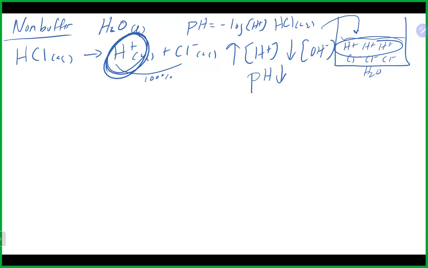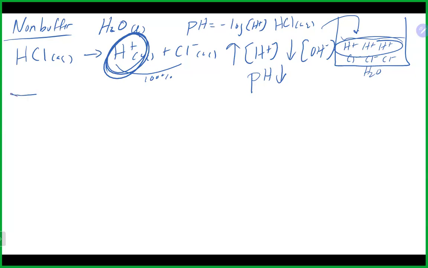Probably for most of you, just a couple of drops of the HCl was enough to move the water pH color down 1 unit of pH, right? And it changed one whole unit of pH by just adding a little bit of acid. And that's because it has no way to stop the influx of H plus into that solution. So all you get is just a bunch of H plus that basically piles up.